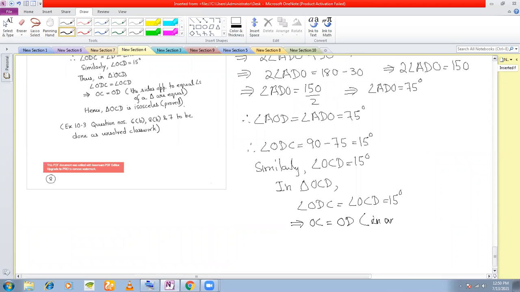In any triangle, opposite to equal angles are equal sides. Hence, if two sides of this triangle are equal, that means the dotted lines are equal. That means triangle OCD is isosceles. Hence proved.